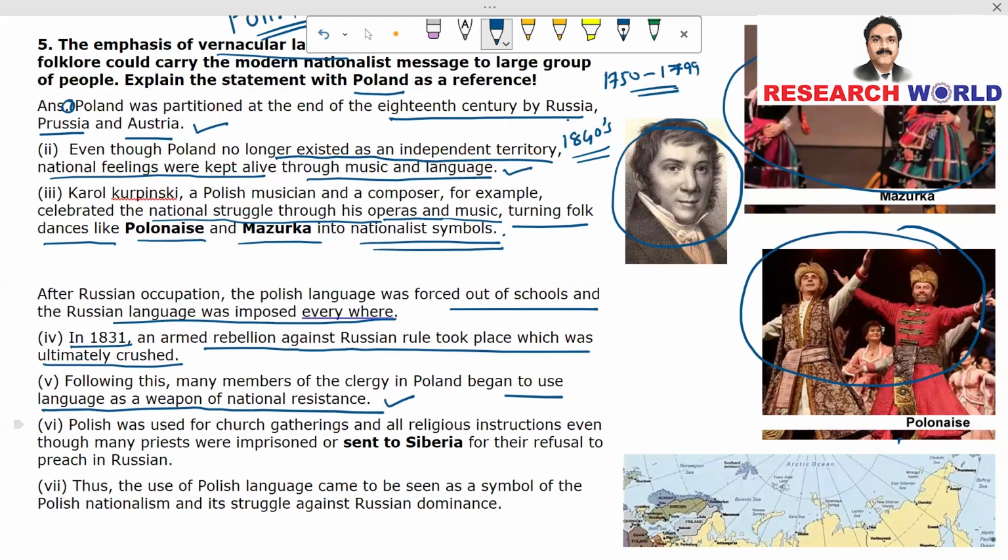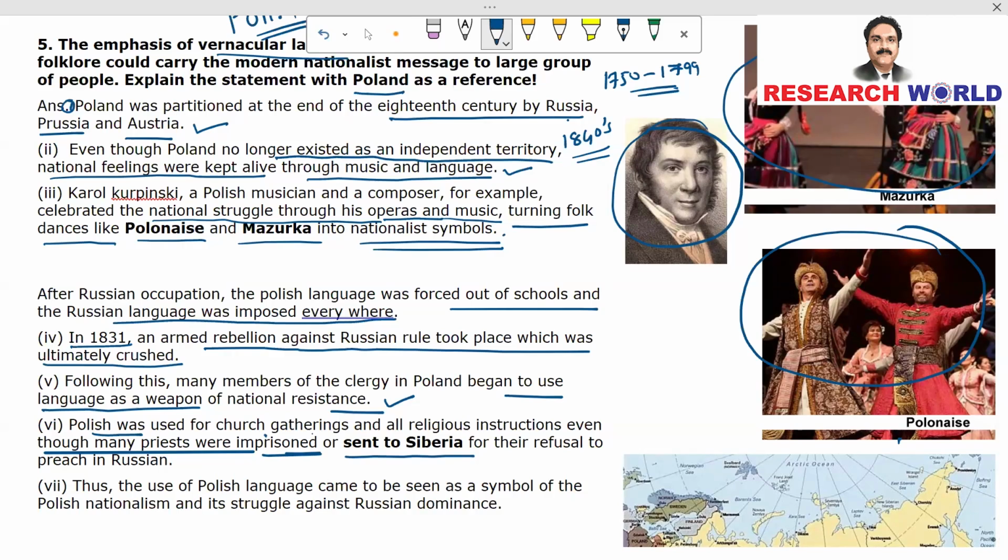Okay, Polish was used for church gatherings and all religious instructions, even though many priests were imprisoned just because they used Polish language in church gatherings, and they were sent to Siberia. Siberia is near the Arctic Circle. It is towards the northern part of Russia.